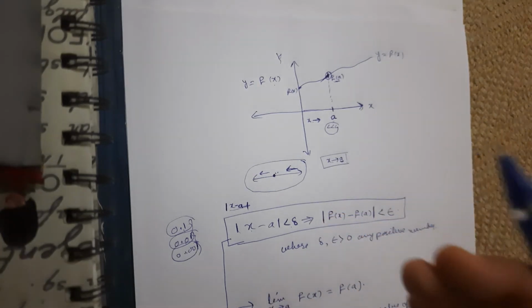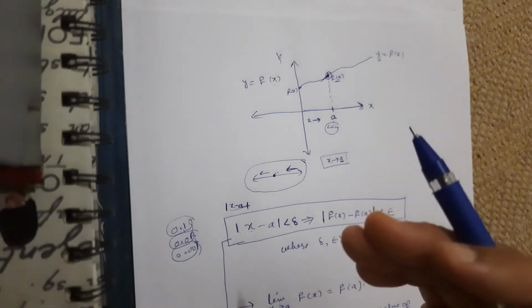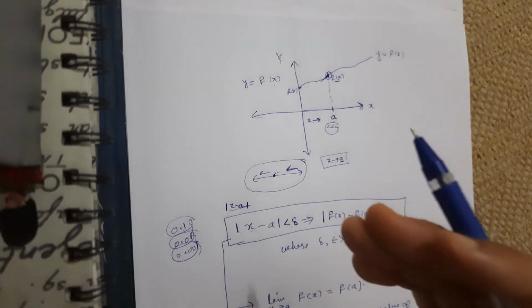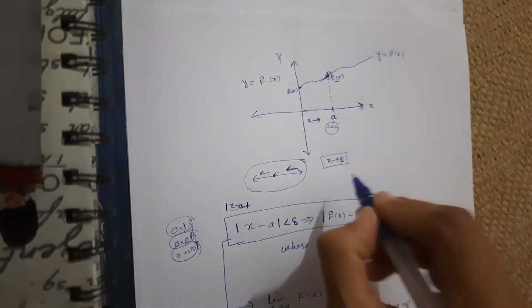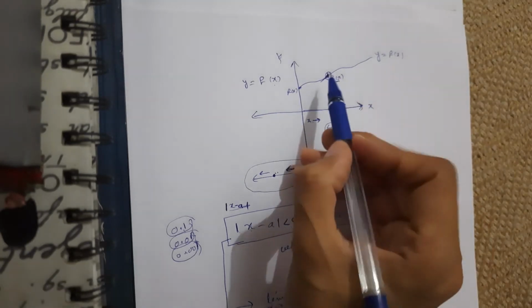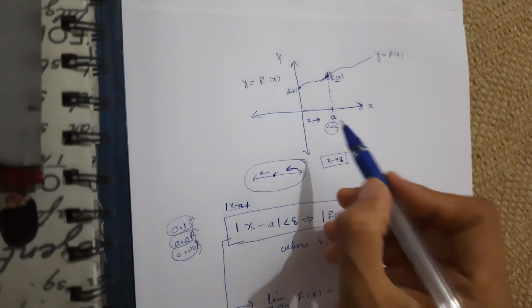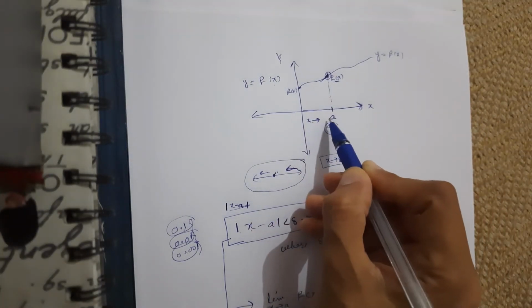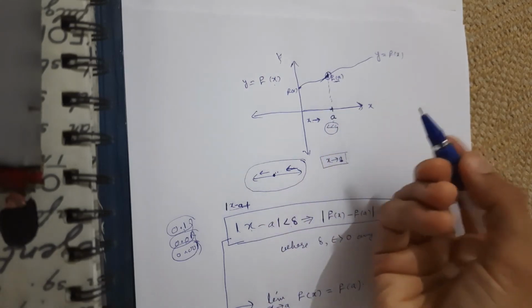In the train and station case, the train can exactly reach the station because the station exists there. But in our case, our value of x cannot touch a because f of x does not exist at that point. So it's just going nearer and nearer. It can be very very close, but it does not exactly equal a.